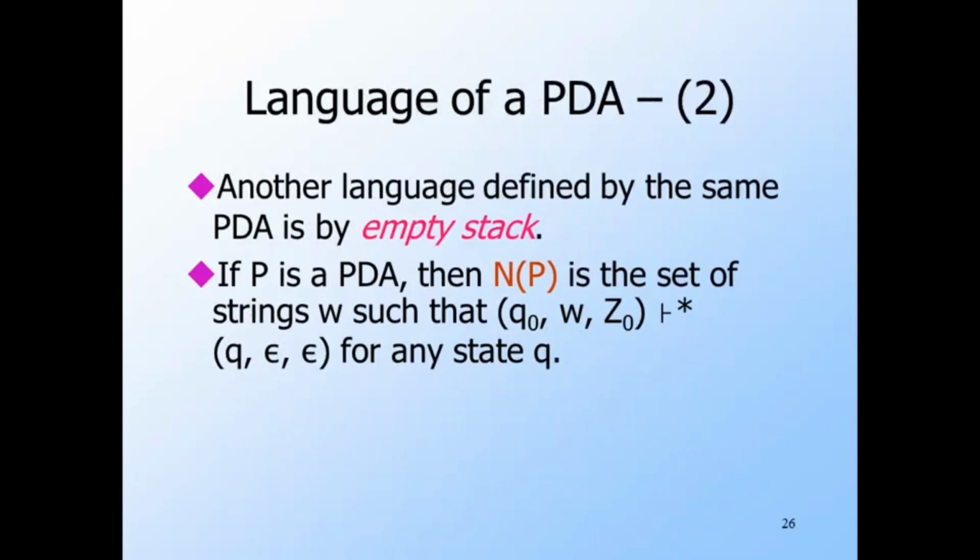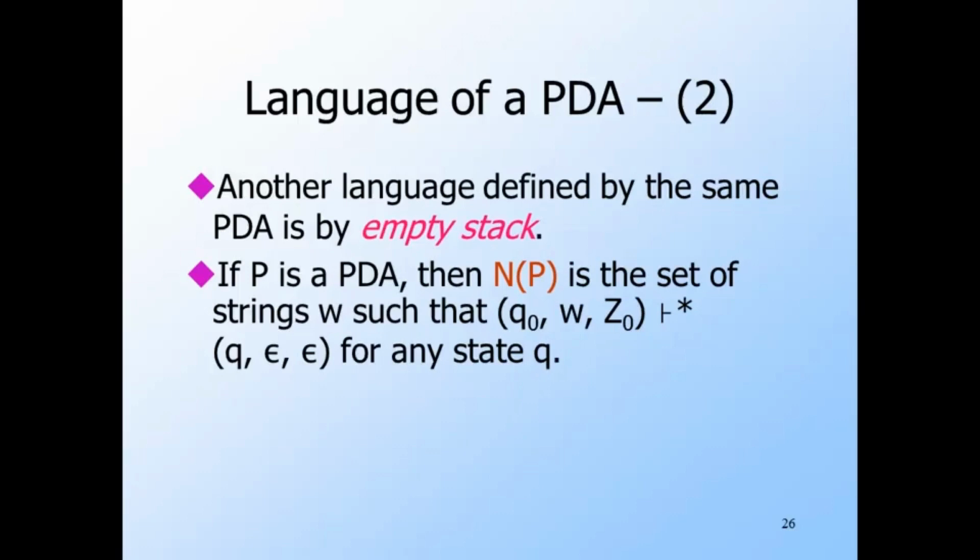However, there is another way to define the language of a PDA, and this approach turns out to be rather useful, especially when we show how to convert PDAs to grammars and vice versa. We can talk about the set of strings that make the PDA empty its stack. This language is conventionally called N of P for a PDA P. The N stands for null stack, although we're not really going to use that term.